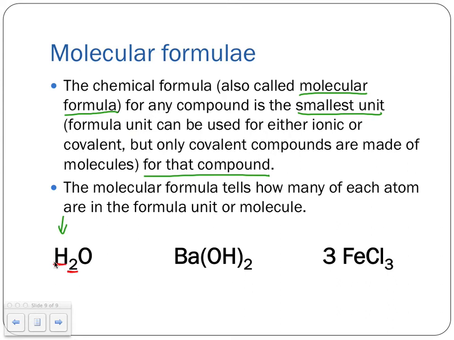That 2 tells you that there must be 2 hydrogens in this particular molecule. For the oxygen, our next one right here, there is no subscript. When you see no subscript, that's an implied 1. So this would mean there are 2 hydrogens and 1 oxygen in this molecule of water.